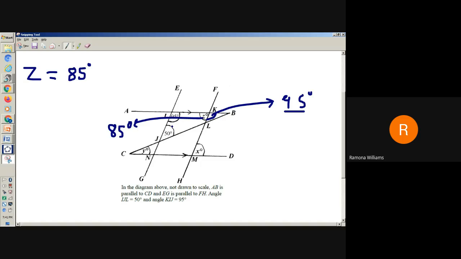Yes. Correct. Very good. You all see that, guys? Z will be equal to what? X, not true? 85. Right. So X is equal to 85. And the reason is because what? Alternate angles are equal. So X is also 85.